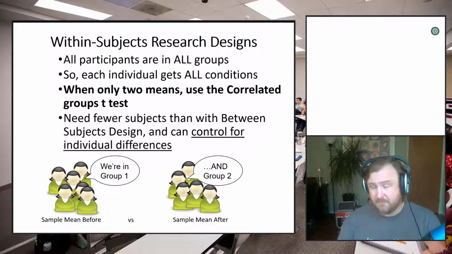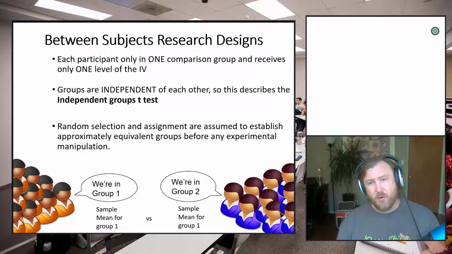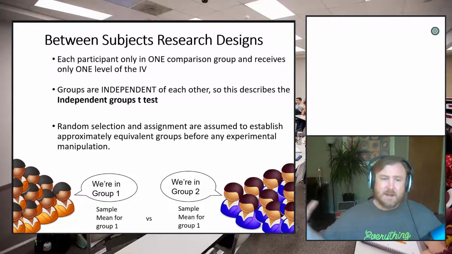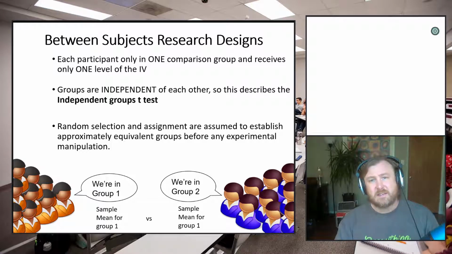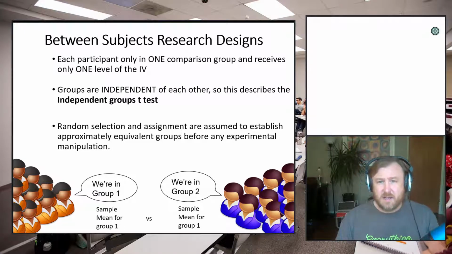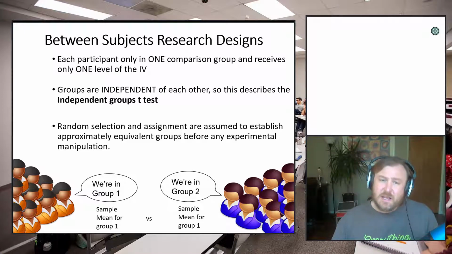Now, a between subjects design is whenever each participant only receives one level of the independent variable, right? So it would be like we randomly select people from a population and then randomly assign them to either condition A or condition B. So each person only gets one group.